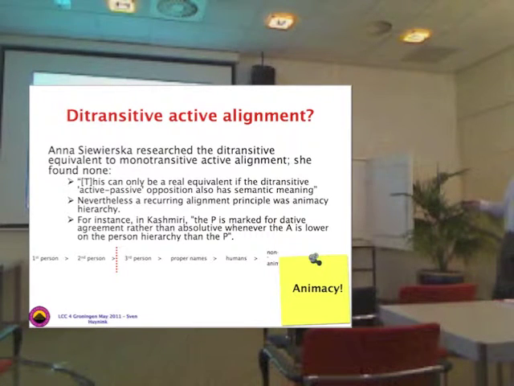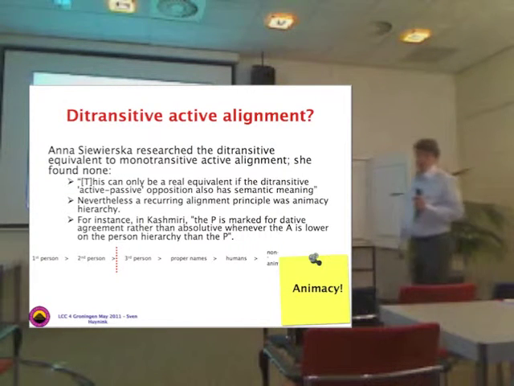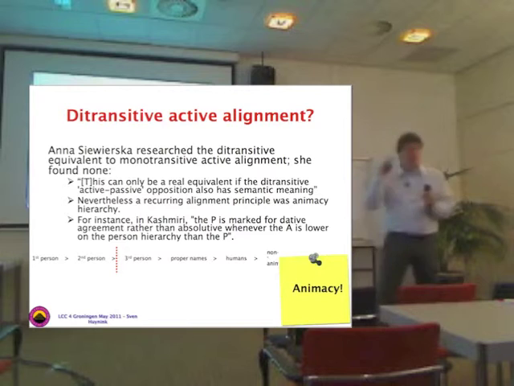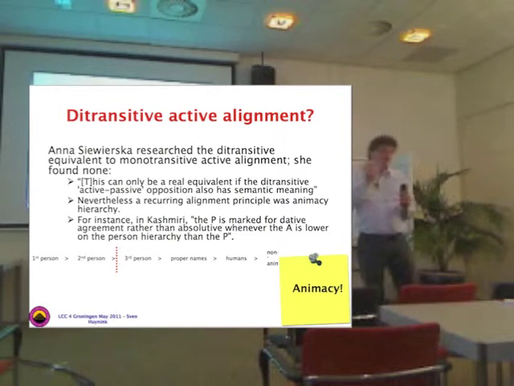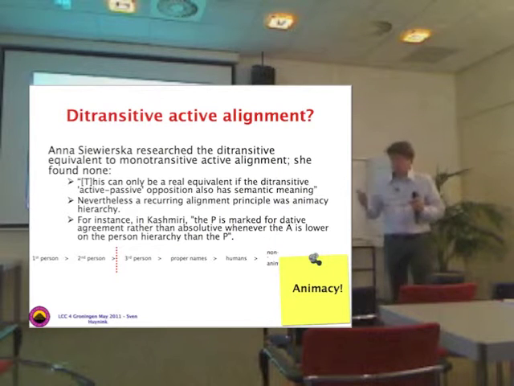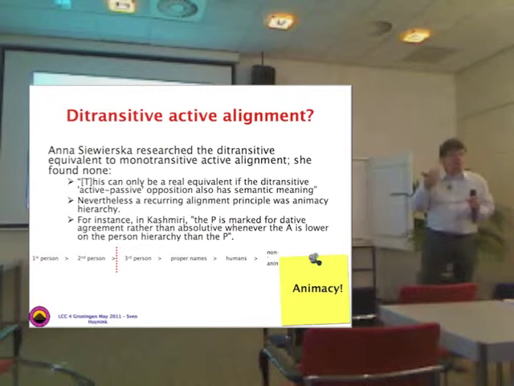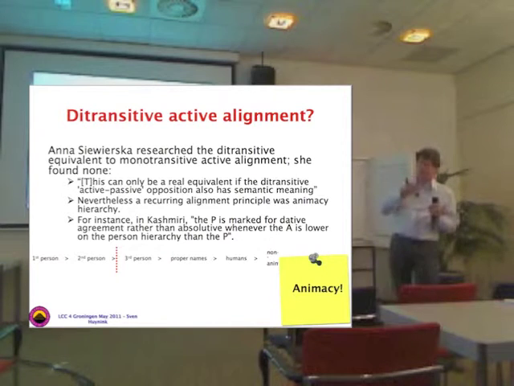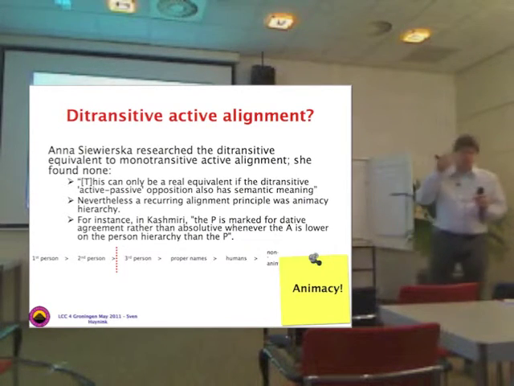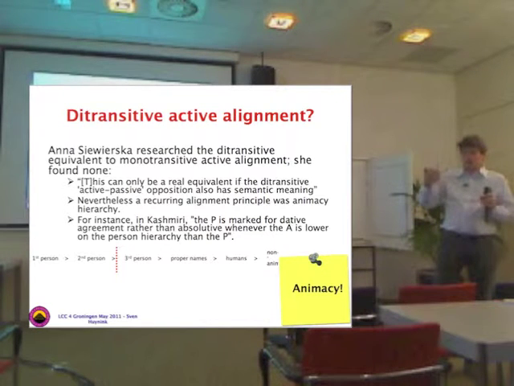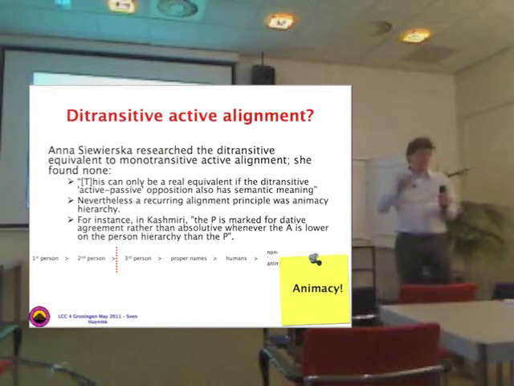But she said, well, there's a recurring alignment principle that is animacy hierarchy. So when the recipient is more animate than the book, which most recipients are, then the recipient gets accusative and the book doesn't get it. But if a prisoner is given to a city, then the prisoner might be the more animate one.